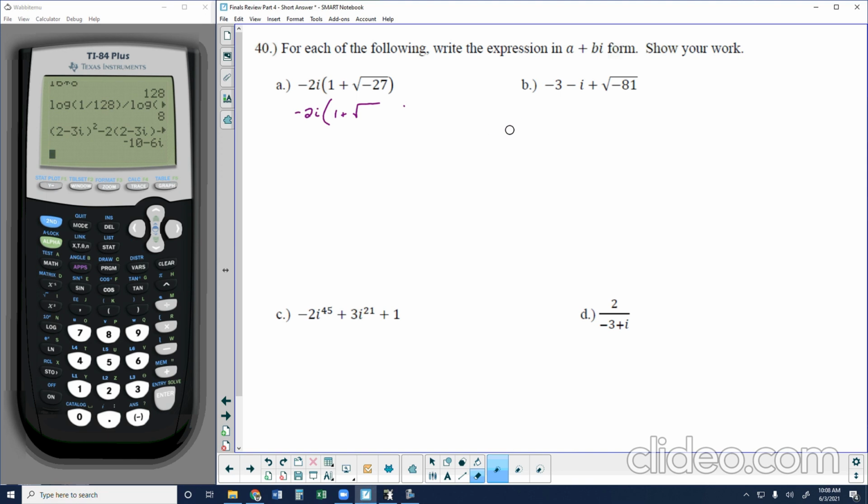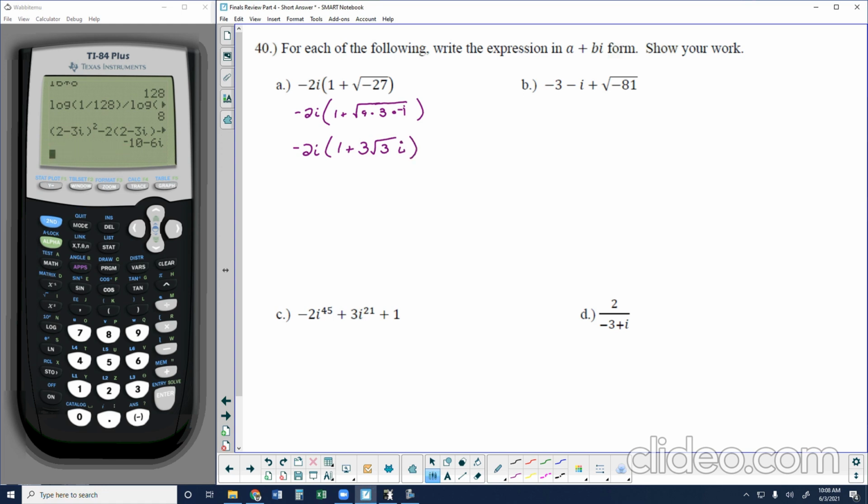You wouldn't need to show this step, but I've broken this into 9 times 3, times a negative 1. I broke this into these pieces because now I can simplify 9. The square root of 9 is 3. The square root of negative 1 would be i. So what I would have is 3 root 3 times i.